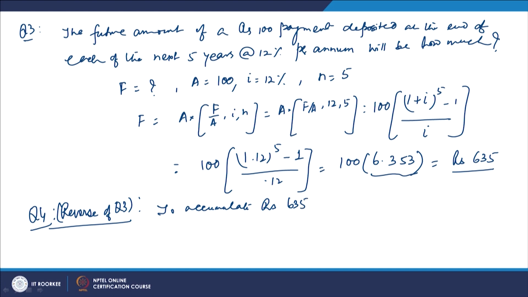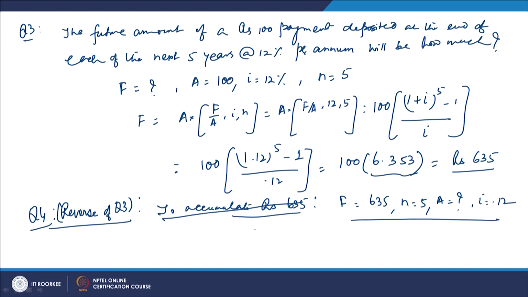So basically how much are you going to deposit every year end for 5 years, when the interest will be 12%. So in this case F is known as 635 and n is 5, and A is to be found out and I is 0.12.